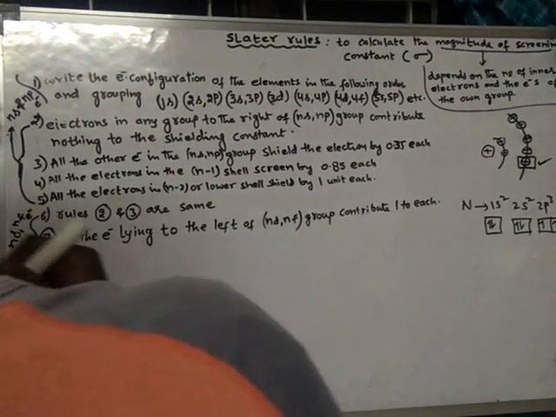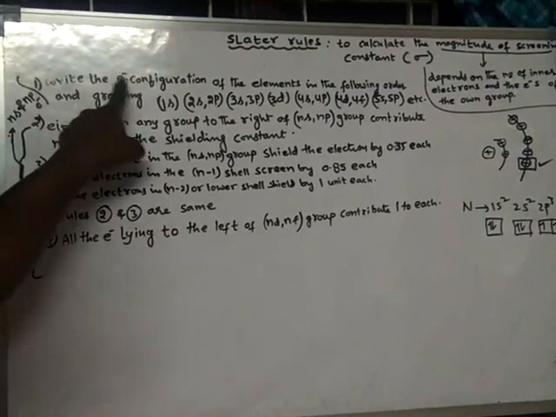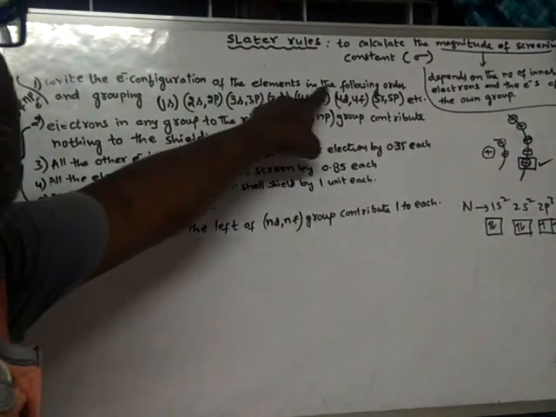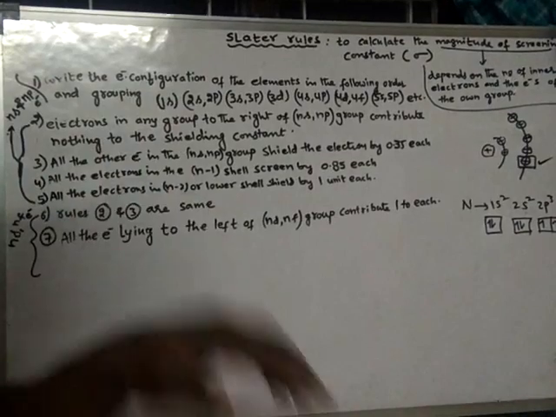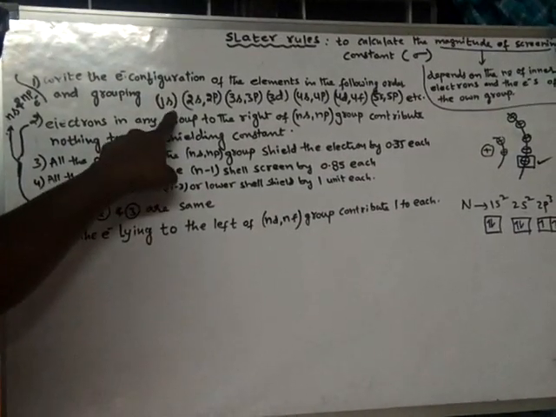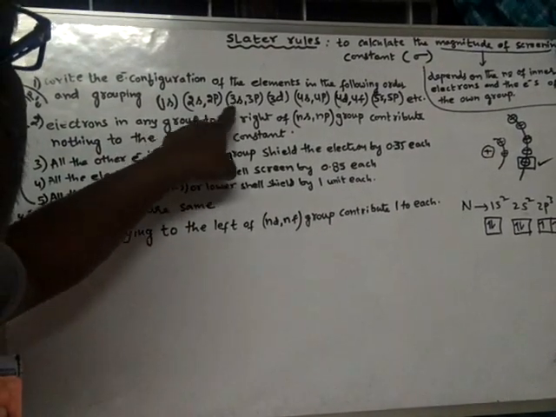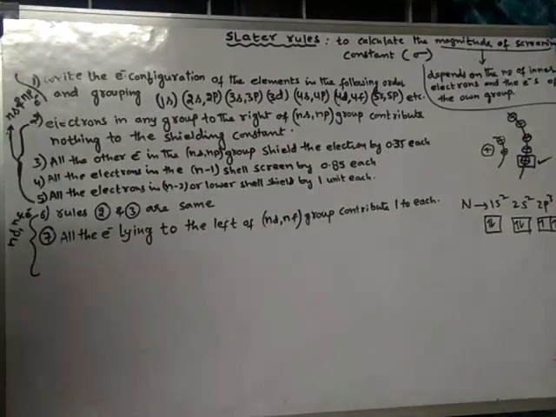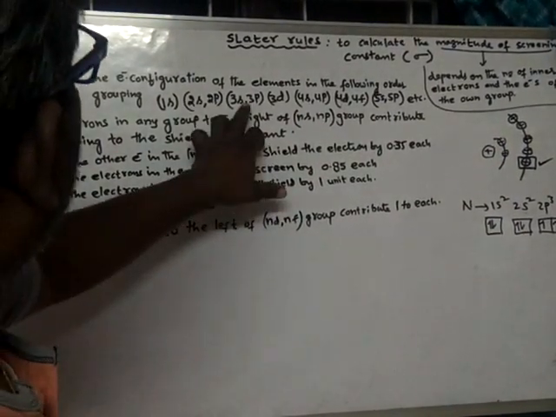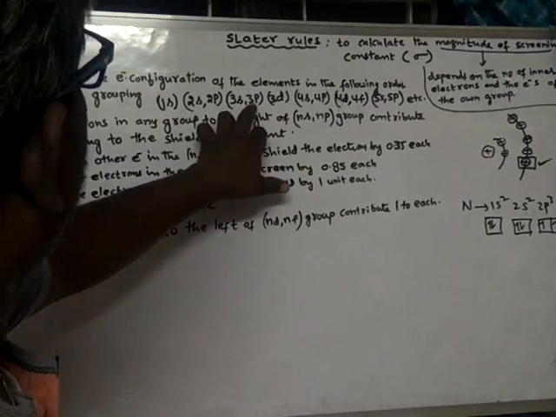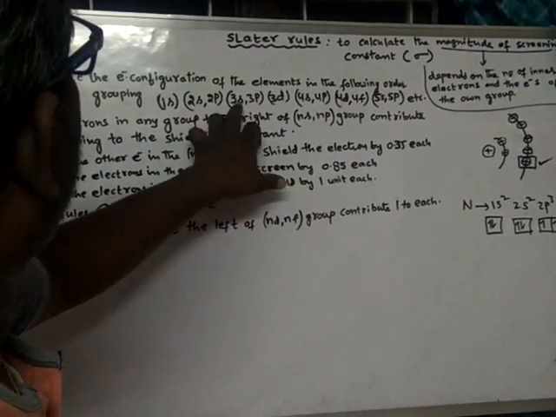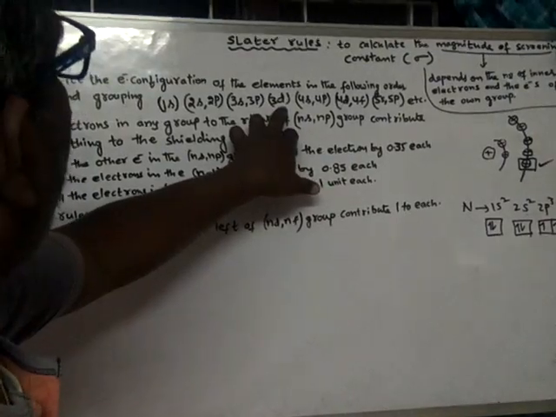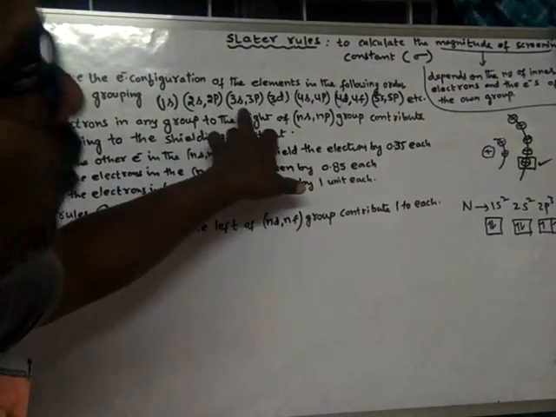First of all, write the electronic configuration of the elements in the following order and grouping. These are the subshells, and they are grouped. While grouping, all the subshells belonging to the same orbit should be bonded together.